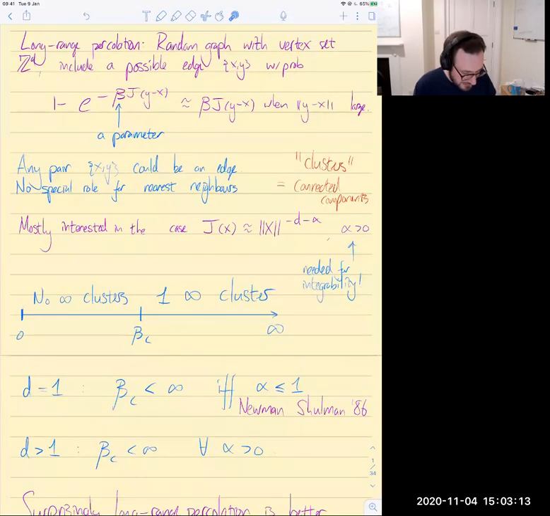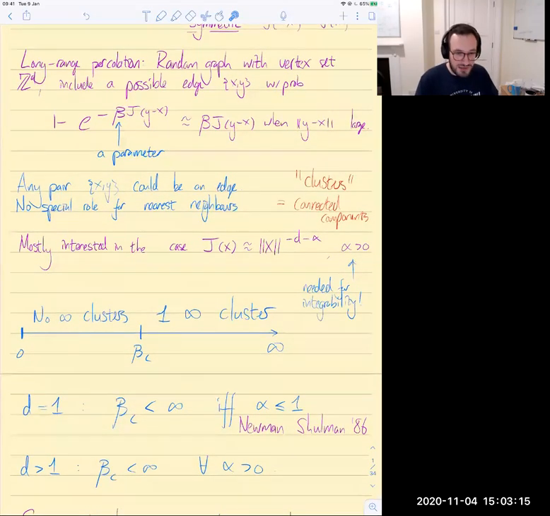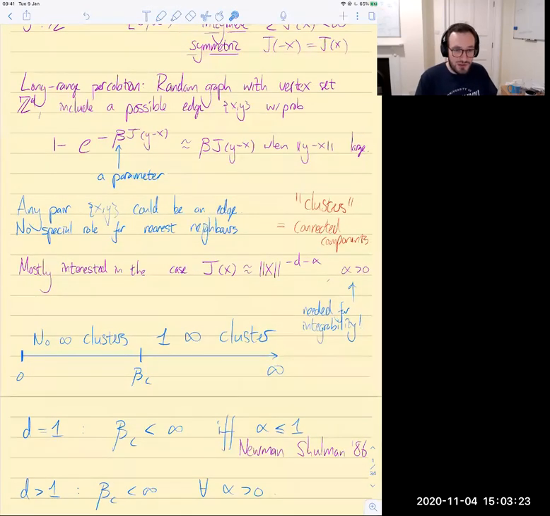In particular, any pair could be an edge, and there's no special role for nearest neighbors. Although you could take J to be the indicator function that x is a neighbor of the origin, and then this model becomes equivalent to nearest neighbor percolation. But we're going to be interested in the case that J decays like a power law.